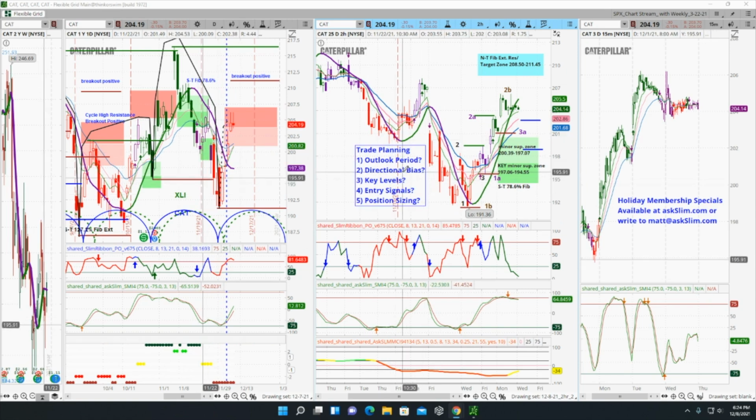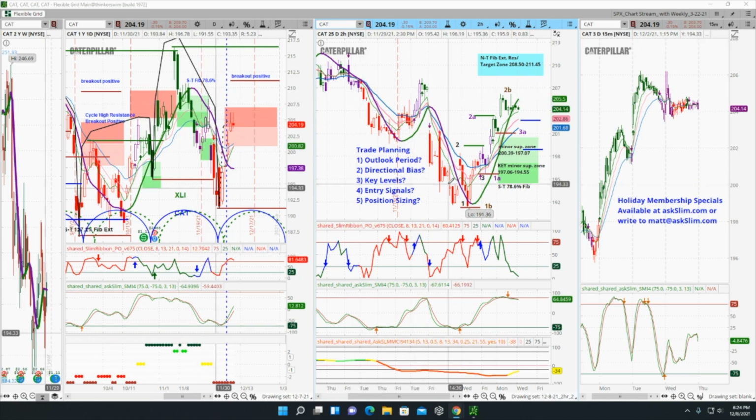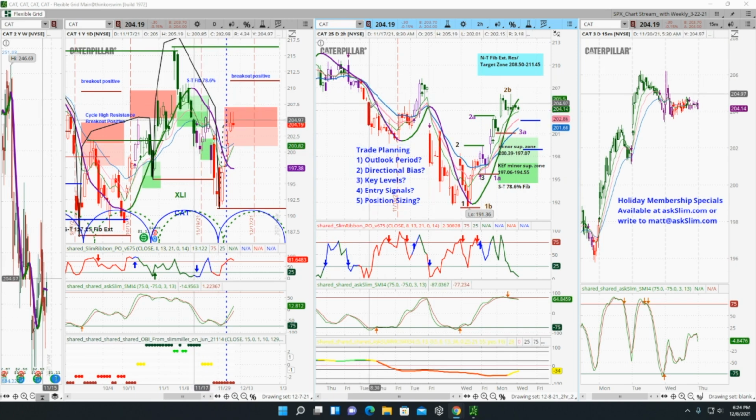So that's the second thing we're going to look at in terms of the trade planning aspects, our directional bias. We have 2 custom momentum indicators that we use to help determine the overall directional bias. The first is our Slim Ribbon momentum indicator, which you see here. We've developed a custom script that colors the candles based on the overall condition.